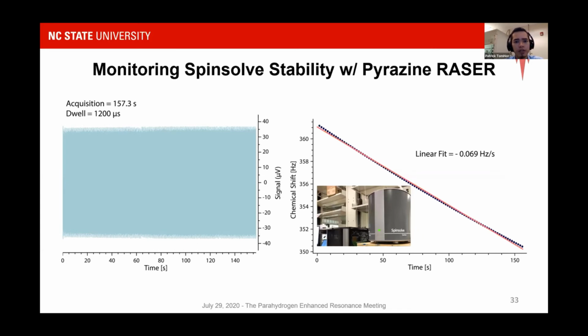But by Fourier transforming slices of this, as I showed previously, we can acquire a linear fit of the drift of the Spinsolve and observe the temperature drift over time. We calculate that to be roughly 0.7 hertz per second.